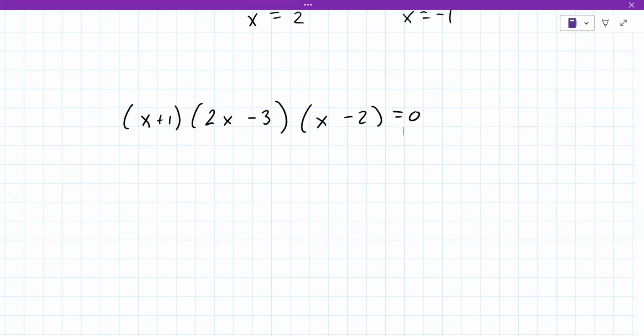Solve this for me, please, because you said each of those factors equal to 0. -1. 1.5, yep, that works.